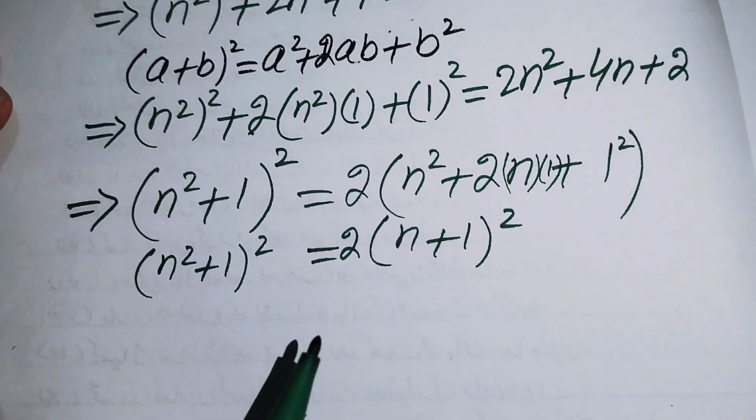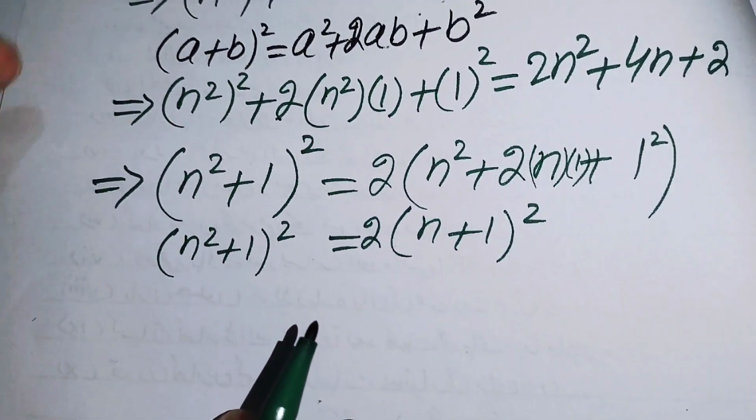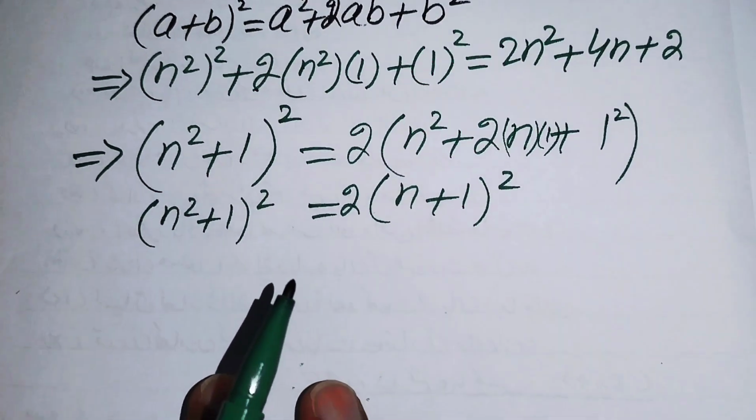Now we take the square root on both of the sides.